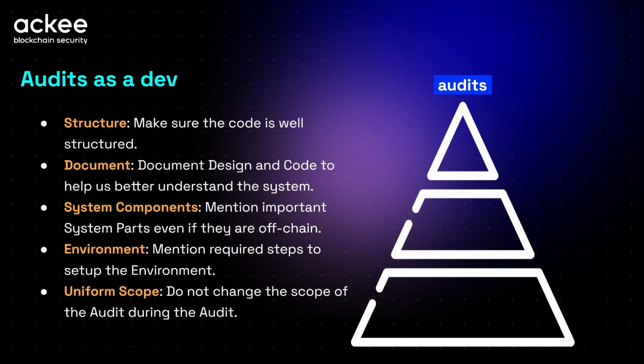But please do not add some additional, different, robust logic to the smart contract, which can actually disrupt the auditing process. That's the audit from the perspective of a developer.